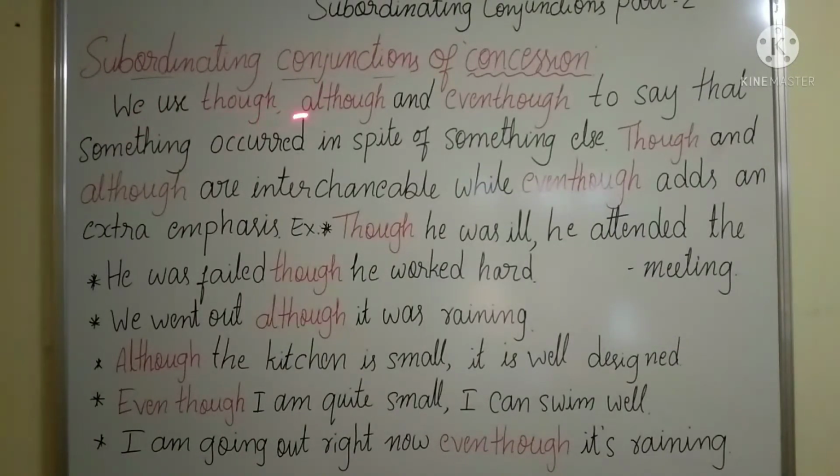We use though, although and even though to say that something occurred in spite of something else. See, as the statement suggests, we use these conjunctions to say that something occurred in spite of something else. See, this is very important. In the place of "something else", it can be an incident, a fact or an idea.